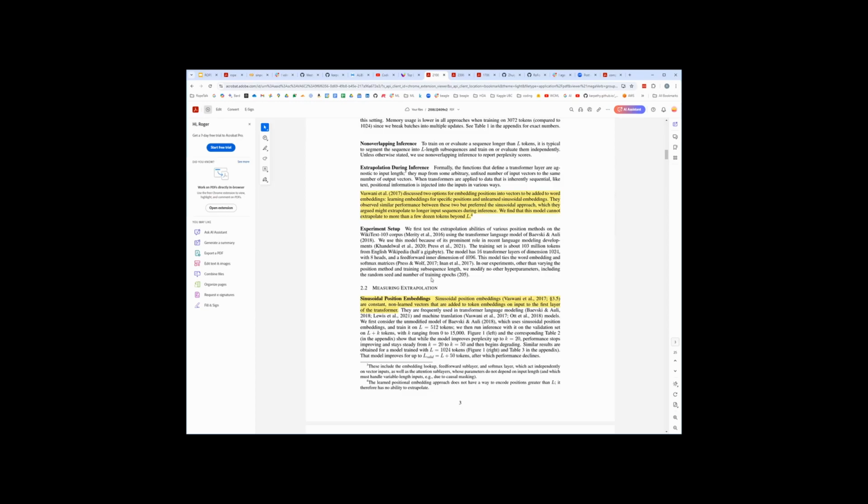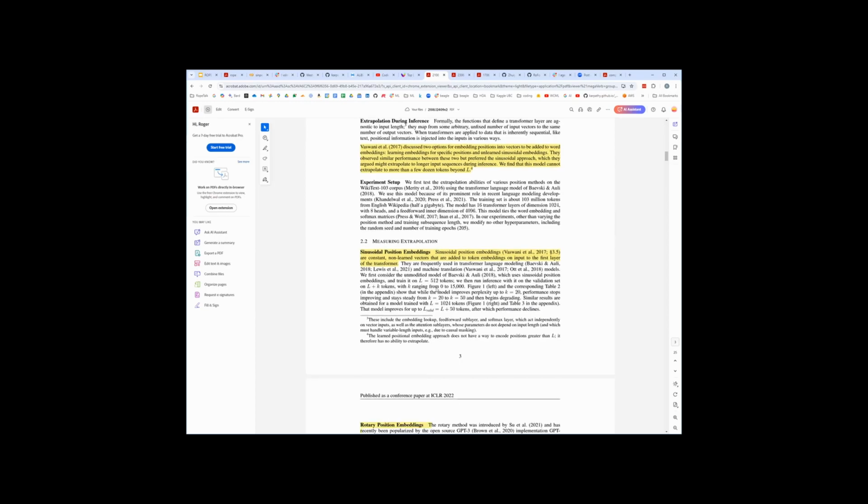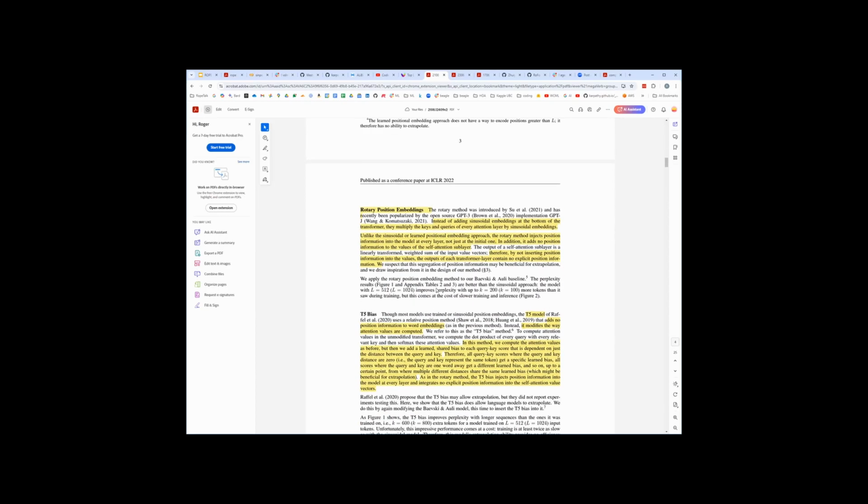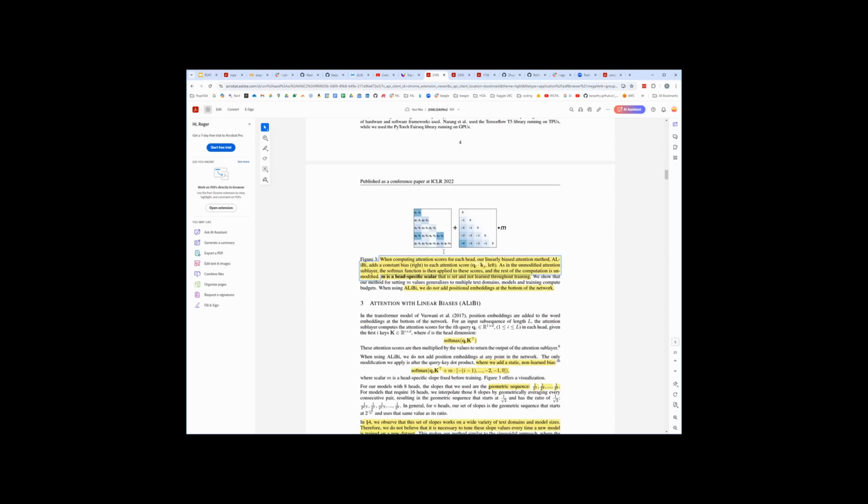So it follows the attention calculation, or at least follows the score. It's actually after the dot product, I believe. For Alibi, from what I could read, Alibi is after the dot product, before the softmax.